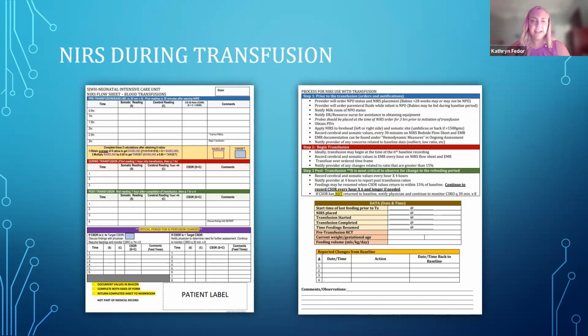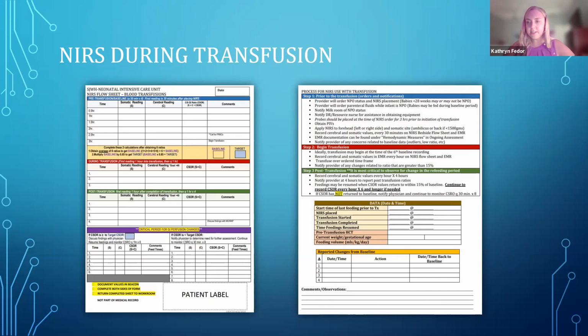So we recorded hourly readings throughout the transfusion, and then for 4 hours after, we maintained all babies NPO. That's where we watched that after this reperfusion, we wanted to make sure that this rapid transfusion reperfusion injury did not occur.